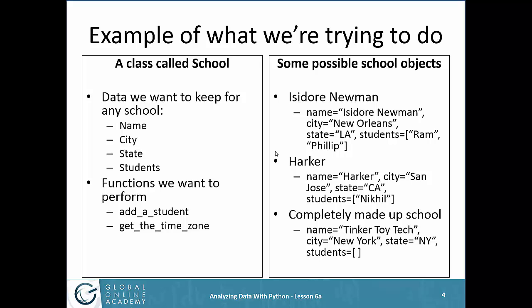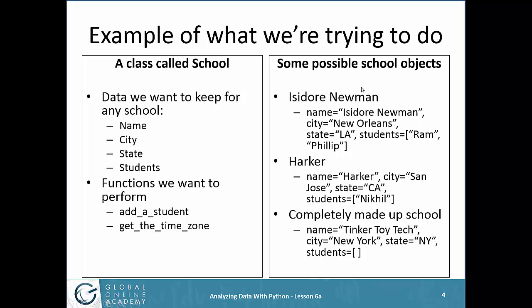Let's say we had a class called school. Well, maybe the data we want to keep for any school is the name of the school, the city of the school, the state it's in, and the students that are enrolled in that school from our Python course. And maybe some of the functions we wanted to perform for any school would be to add a student or to get the time zone for that school.